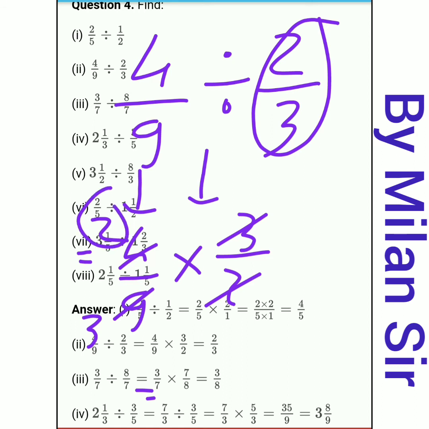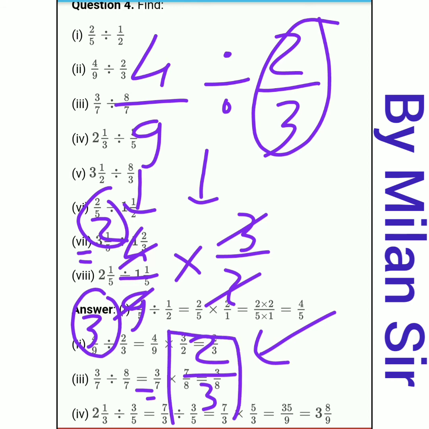In numerator we have 2, and in denominator we have 3. So 2 by 3. This is a proper fraction because the denominator is greater than the numerator, so we cannot convert it into a mixed fraction. So this is our final answer, 2 by 3.